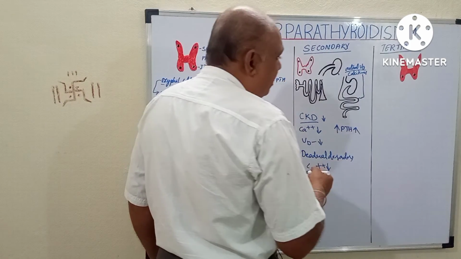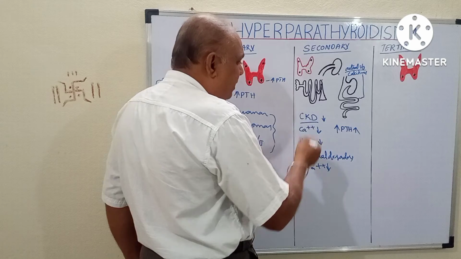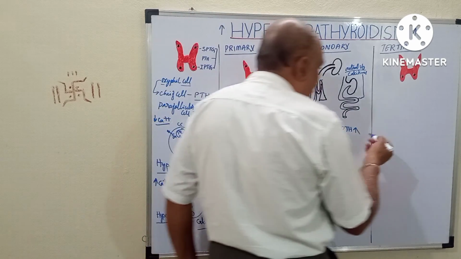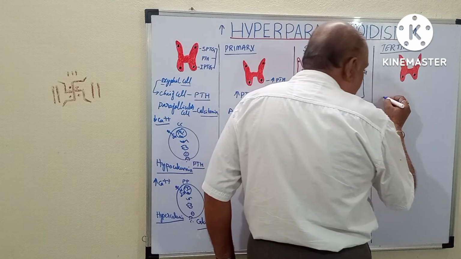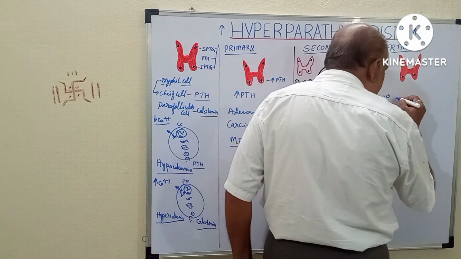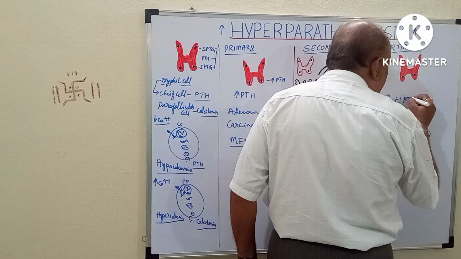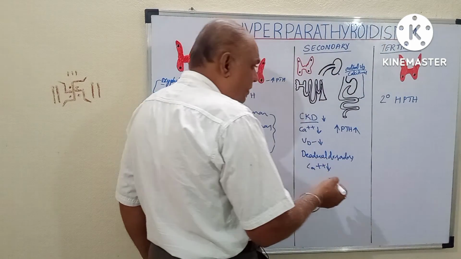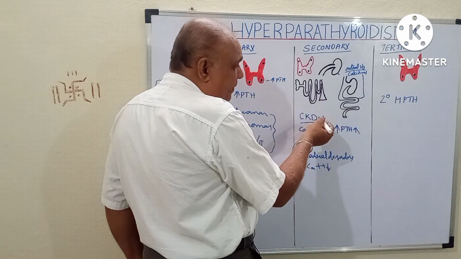Now let's see tertiary hyperparathyroidism. Tertiary hyperparathyroidism is a continuation or the progression of secondary hyperparathyroidism. What happens in secondary hyperparathyroidism?